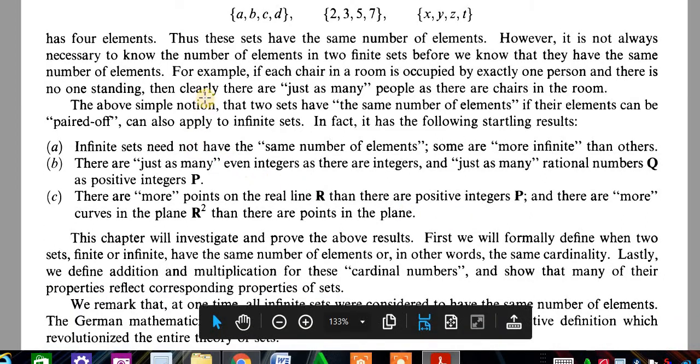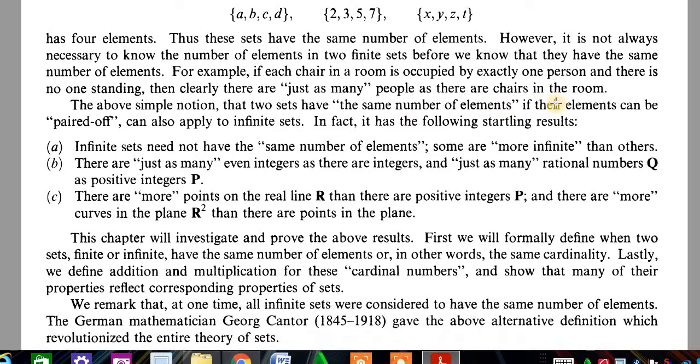The above simple notion, that two sets have the same number of elements if their elements can be paired off, can also apply to infinite sets. In fact, it has the following startling results.